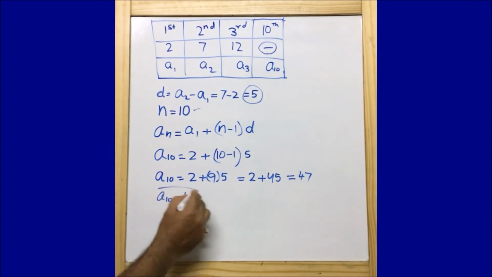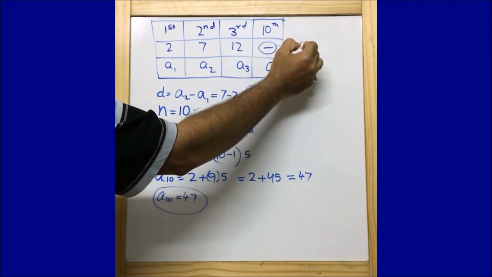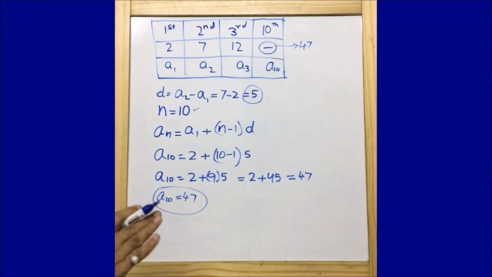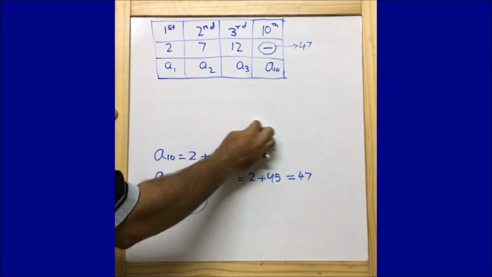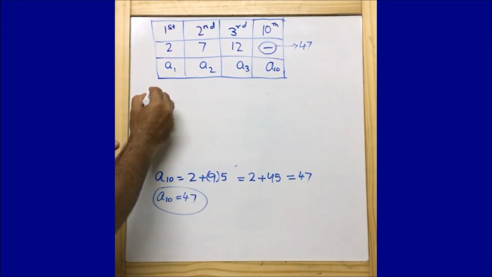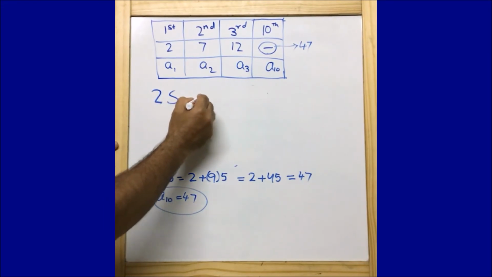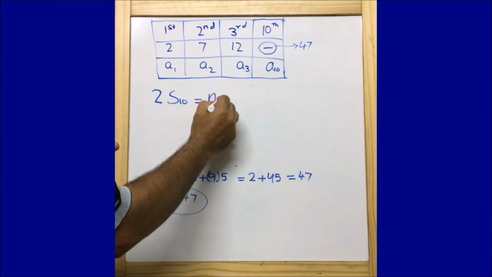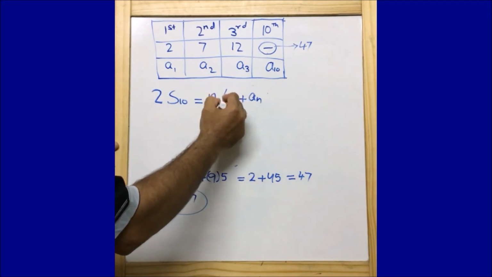This is one of the data that will be required, we found this particular value as 47. Now we are going to find the sum of the 10th term as per the question. The formula we very well know for finding the sum of the 10th term is 2S10 is equal to n into a1 plus an.